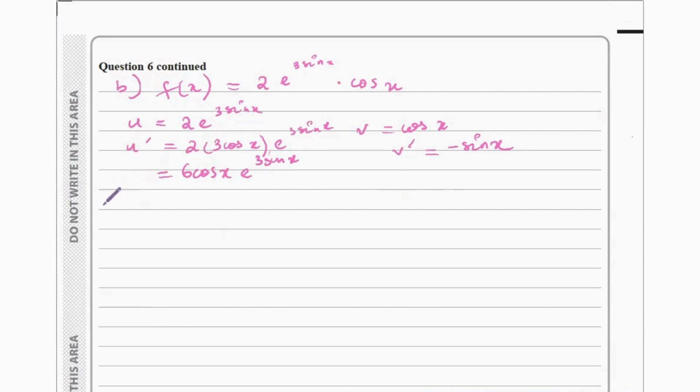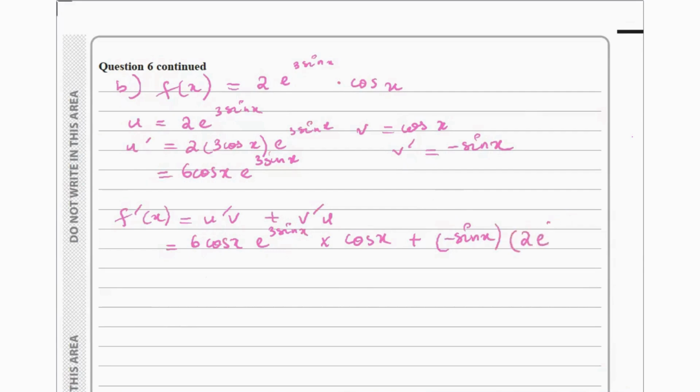Now, the product rule for differentiation is that f dash x is going to be u derivative times v plus v derivative times u. So u derivative is 6 cos x times e to the power of 3 sine x times cos x, plus negative sine x times 2e to the power of 3 sine x.